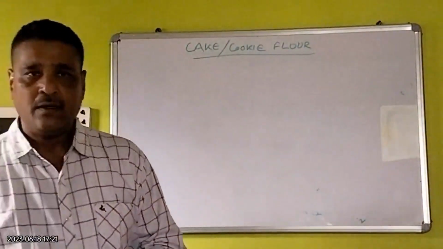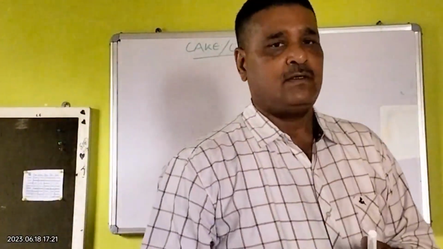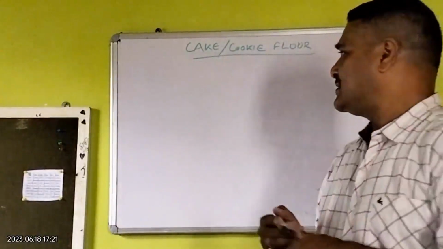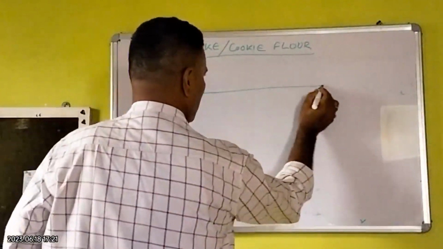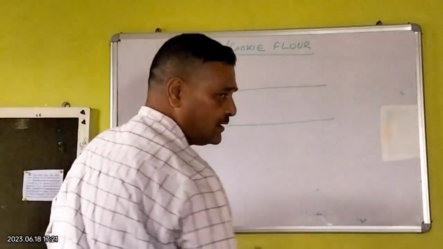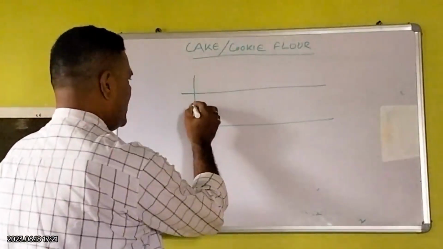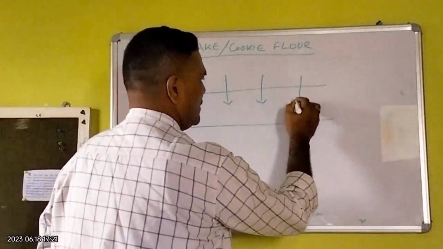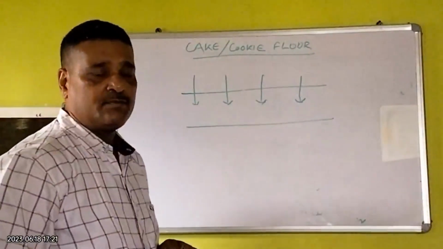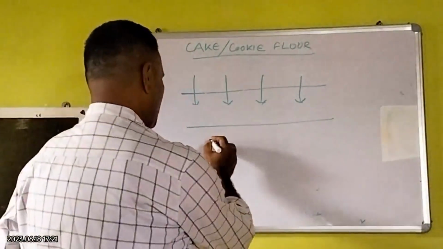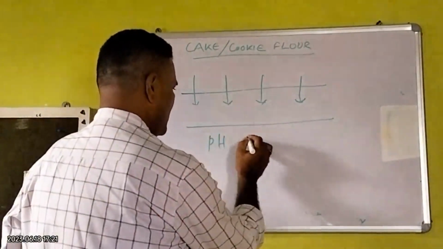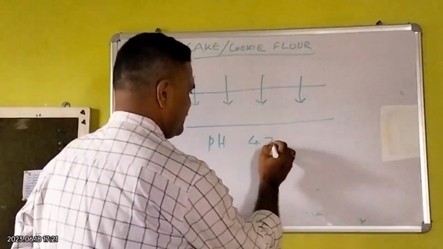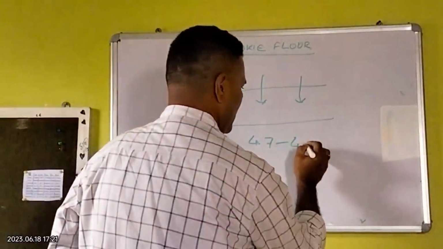Chlorination of flour is a special attachment where the flour is conveyed through a conveyor, and then you are having chlorine gas purged in. What happens when chlorine gas is burst in? The pH of the flour comes down to 4.7 to 4.9.